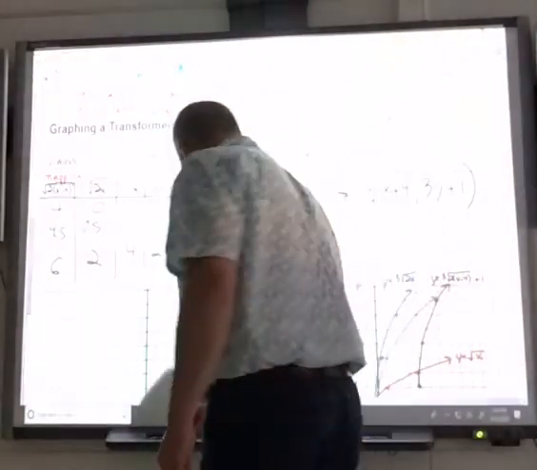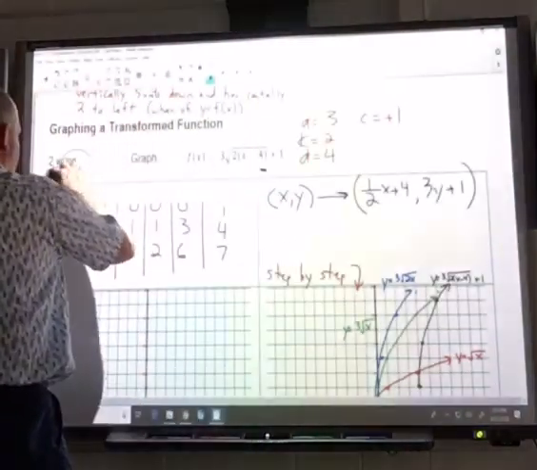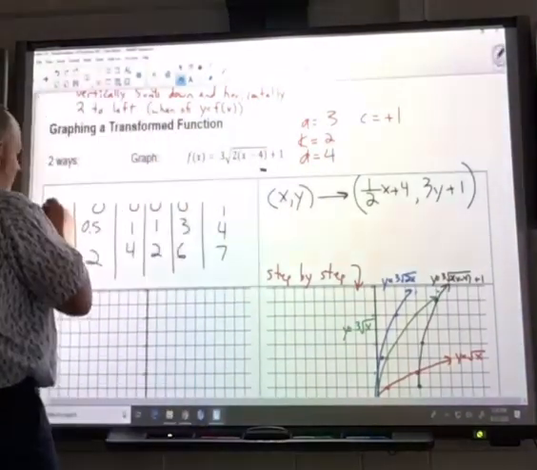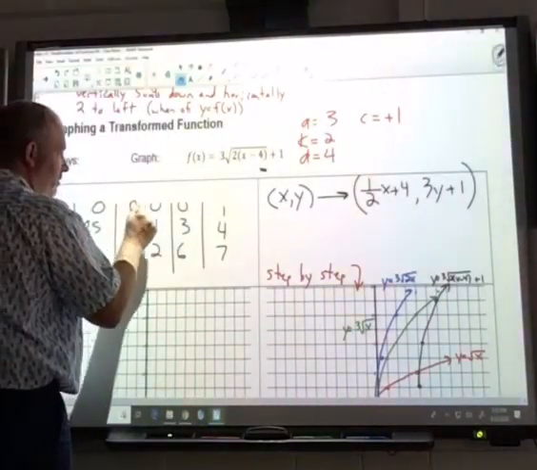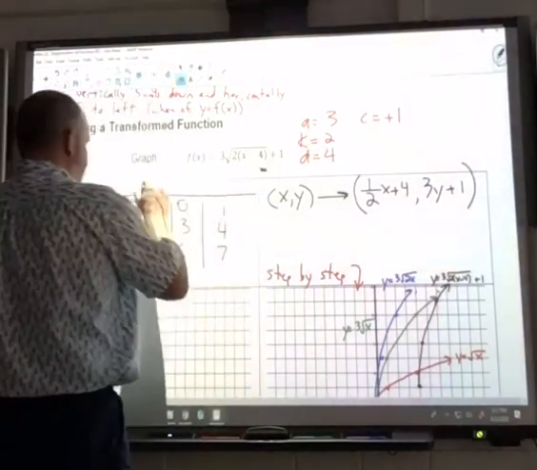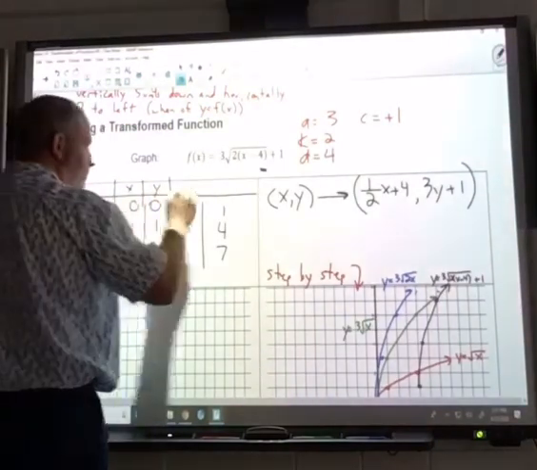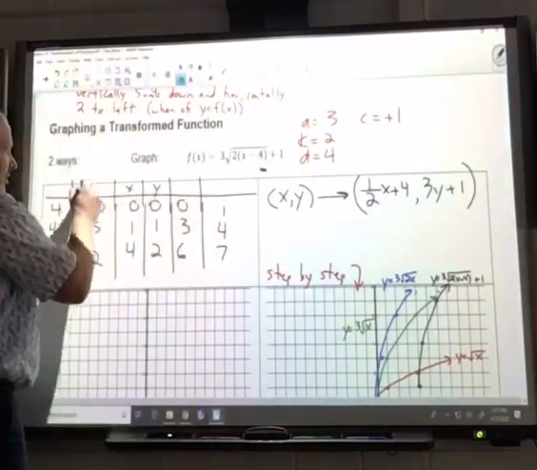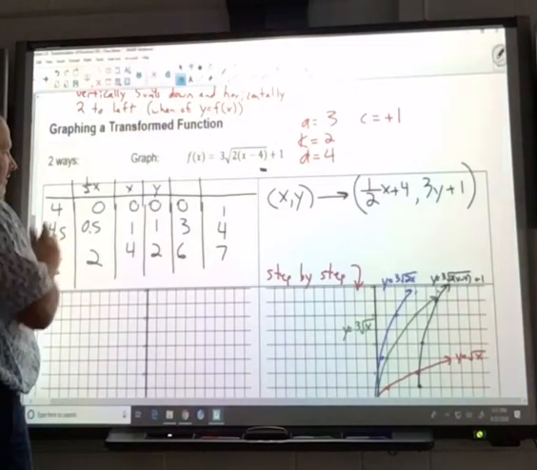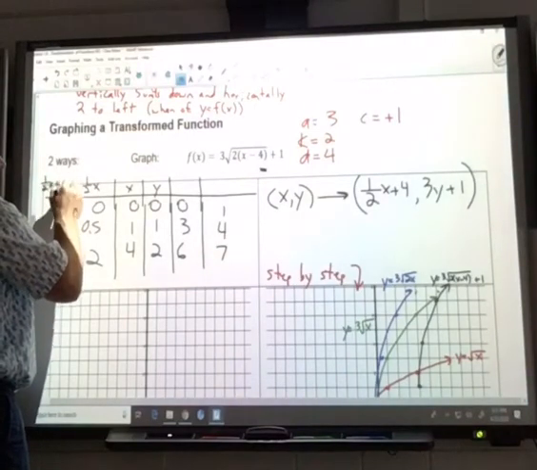In a lot of cases, what most people do is that when they do these top parts here, this is x, this is y. This is going to be 1/2 x, and then this is going to be 1/2 x plus 4.